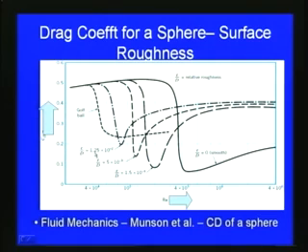Epsilon by d equal to 1.25 times 10 to the power minus 2 gives this curve, epsilon by d equal to 5 times 10 to the power minus 3 gives this curve, and epsilon by d equal to 1.5 times 10 to the power minus 3 gives this one. For the smooth case, epsilon by d is almost 0, meaning epsilon is very small, so the surface is very smooth, and this is the curve. So, you can see that other than the surface roughness, the coefficient of drag or the drag force also changes with the Reynolds number.